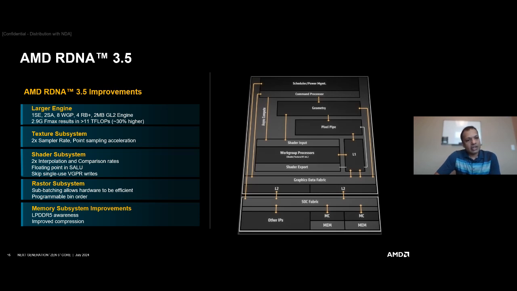Going quickly to the raster subsystem, so RDNA 3 processes geometry in batches, right, to minimize external memory accesses. RDNA 3.5 takes a step forward. It adds support for breaking those batches into smaller sub-batches. So this allows the hardware to be more efficient in general, especially when batch reprocessing is needed. This becomes really helpful.